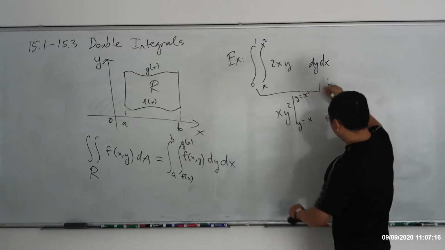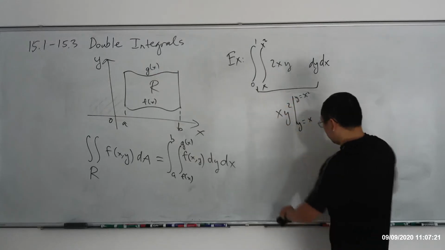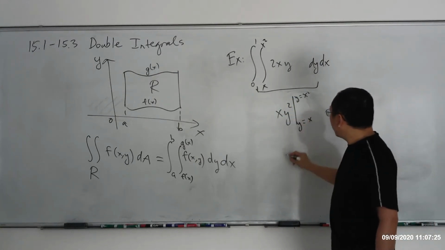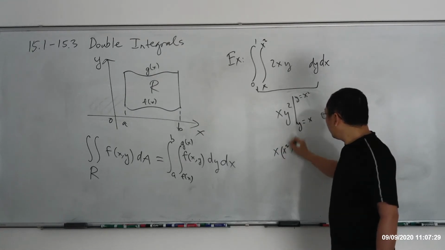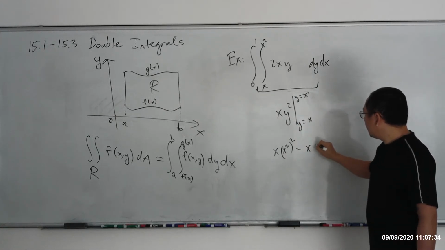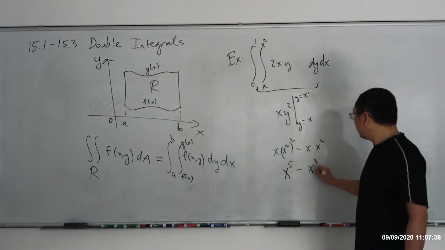So you guys see which one's a variable. Y is a variable. So you plug in y equal to x squared, I get x times x squared squared, subtract x times y equal to x. So x times x squared. This is what? x to the fifth minus x cubed.